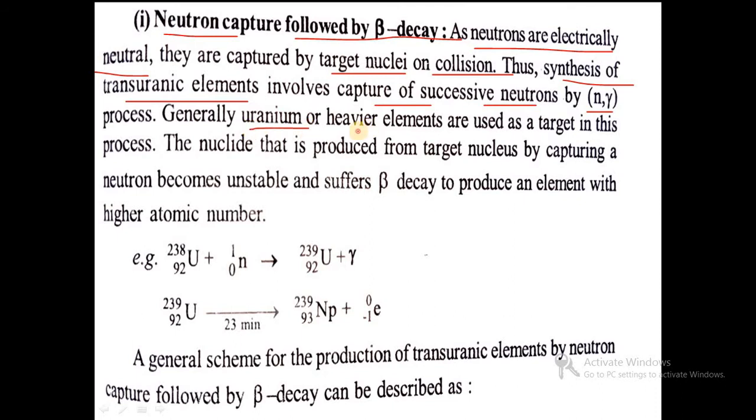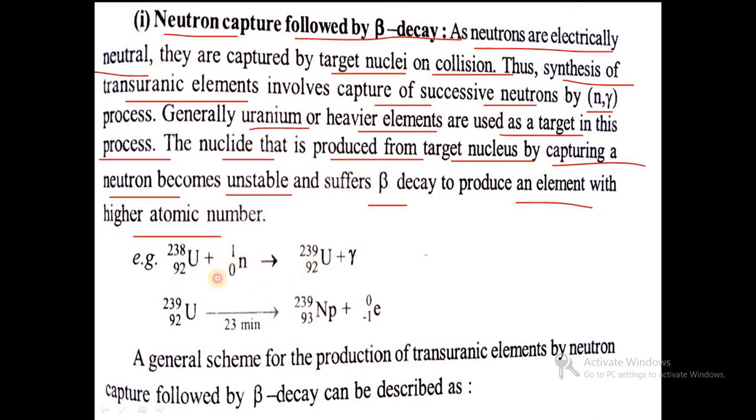Generally, uranium or heavier elements are used as target nuclei in this process. The nuclide that is produced from the target nucleus by capturing a neutron becomes unstable and undergoes beta decay to produce an element with higher atomic number than uranium.